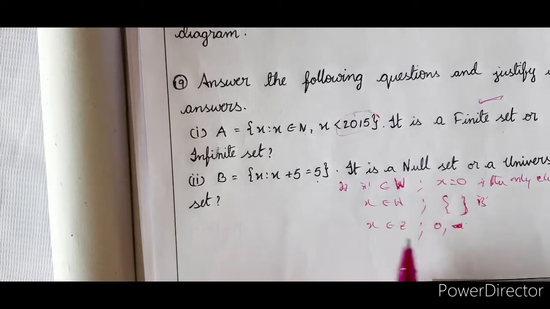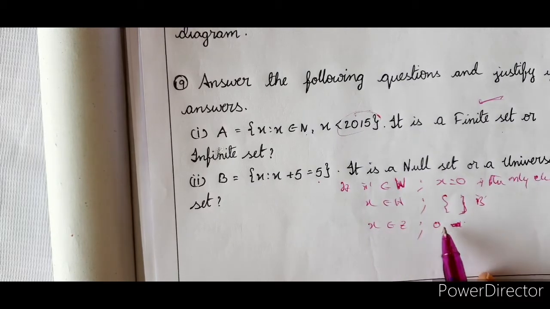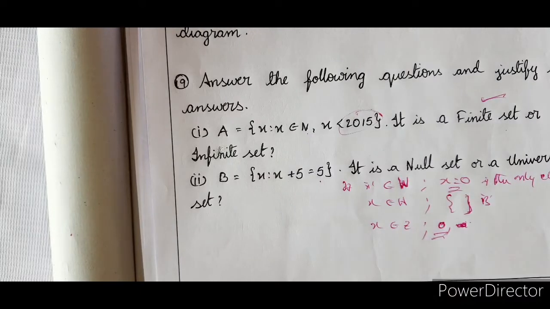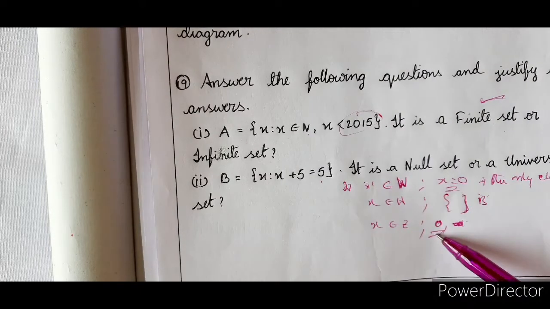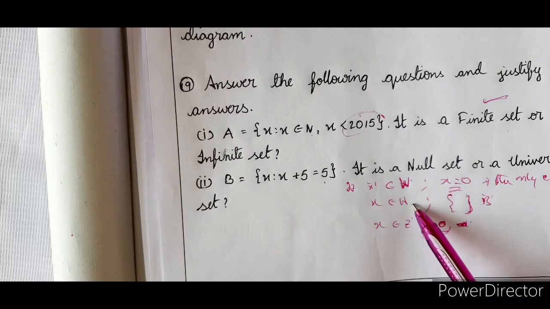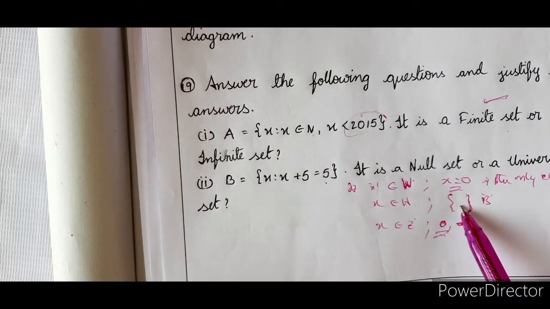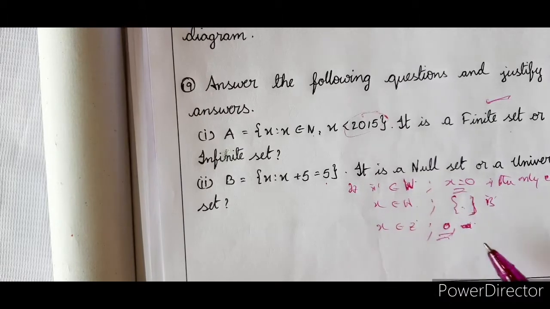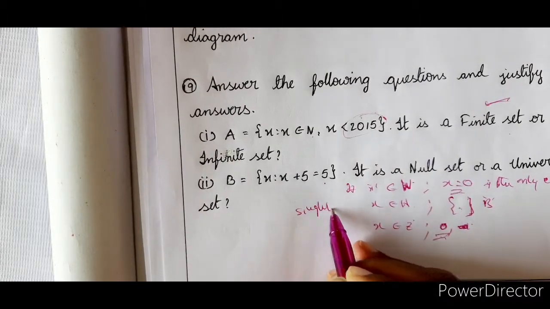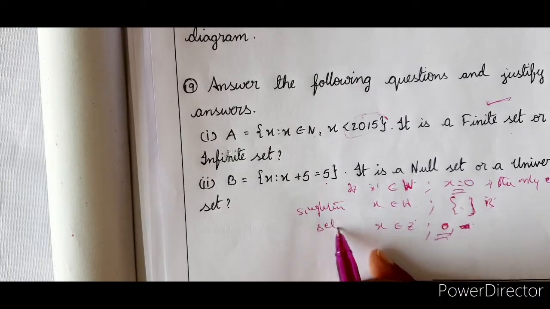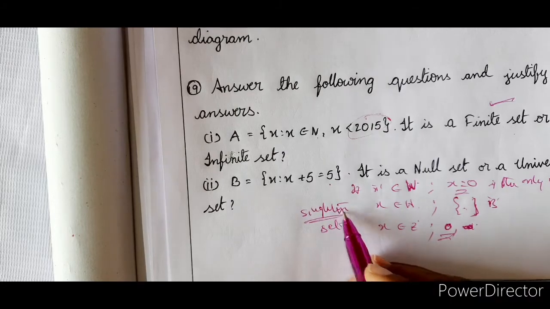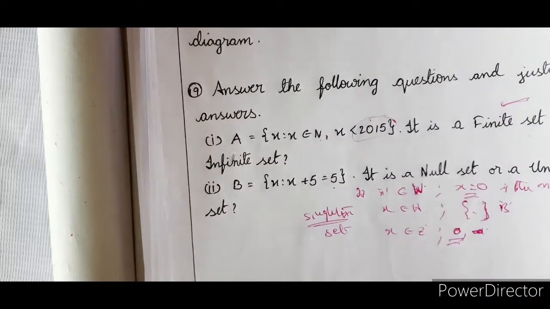So if x belongs to integers also, only 0 is here. So if at all we have a set, it is not a null set when it is a whole number and integer. If it is a natural number, definitely it is a null set. And if not, singleton set. Singleton set. Note it down, please.